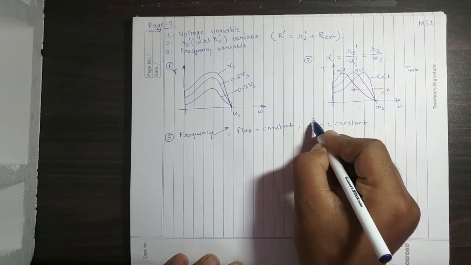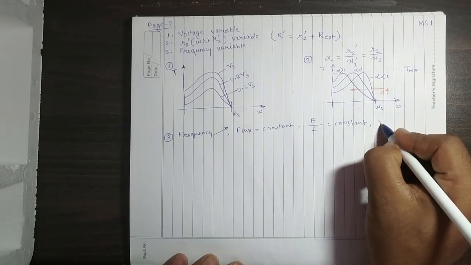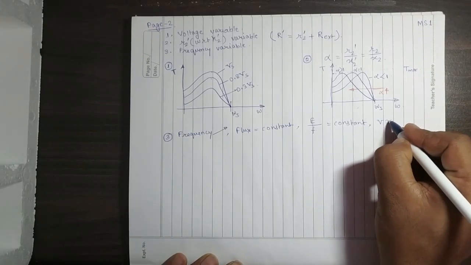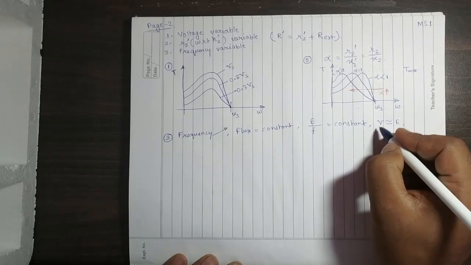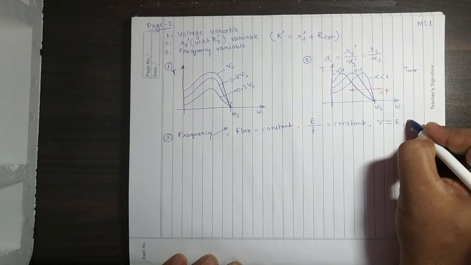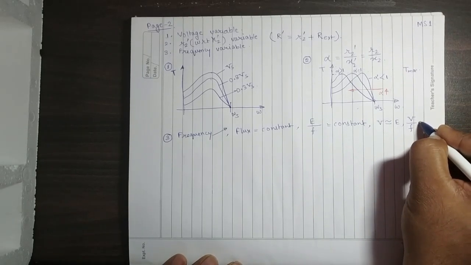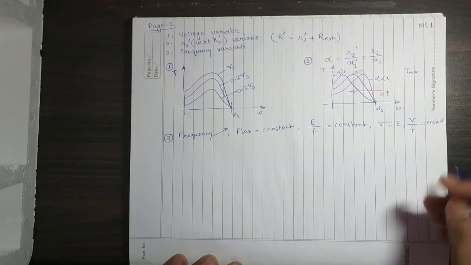But you don't have any access to this E. However, we can easily prove that the terminal voltage V is almost equal to E. So what we keep constant is this V. This is normally called V by F control. This one has to be kept constant.